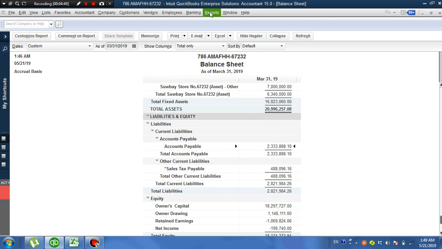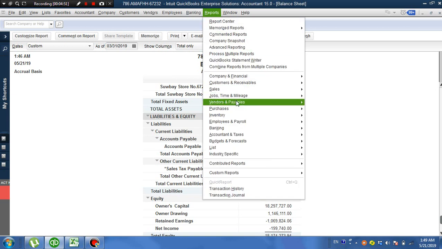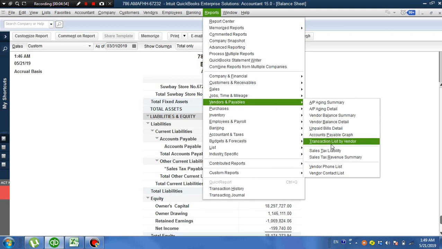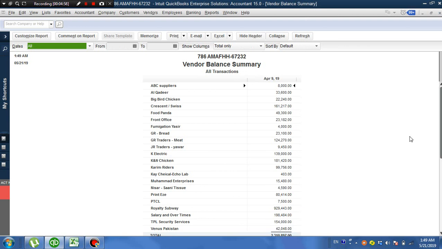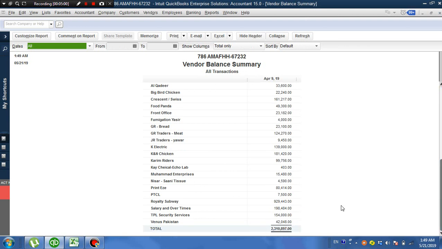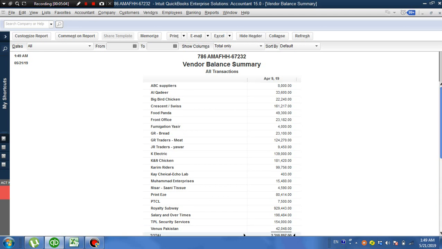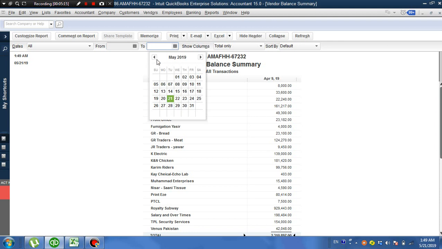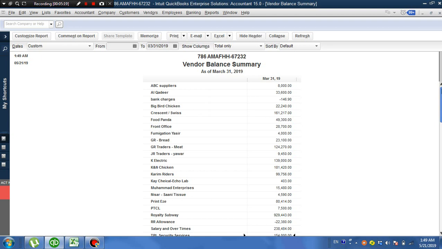Look at the vendor balance summary. Here are all the vendors. It is all because we want to see it on March 31, like this.